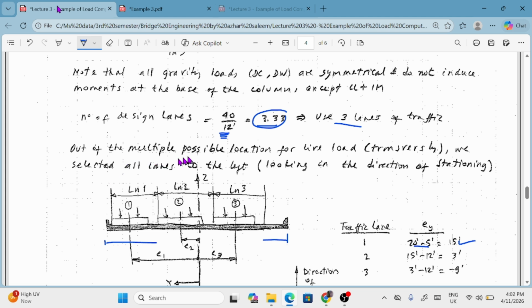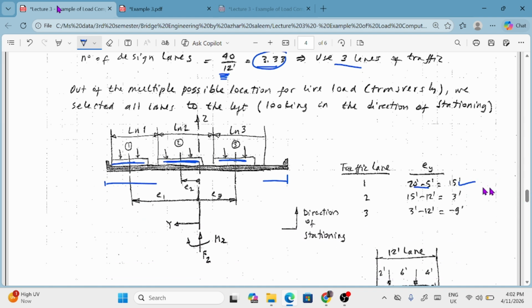Out of the multiple possible transverse locations of the tire load, we selected all lanes at the left, looking in the direction of stationing.